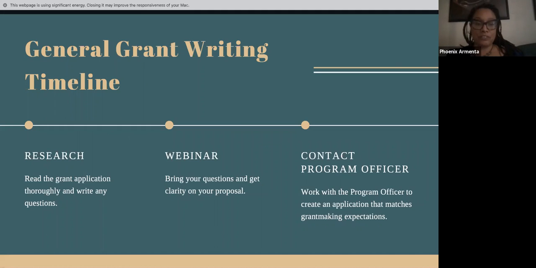Make sure you read through the grant application very thoroughly anytime you have a grant. In various grant applications, there's generally certain things that will disqualify you as you go along the way. So before you even get into any of the writing or any of the decision making on how to do your project, make sure you've read the application really thoroughly and that your project aligns with what they're asking for in the grant.